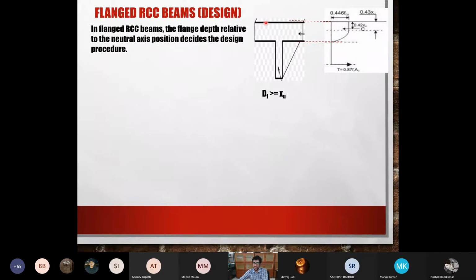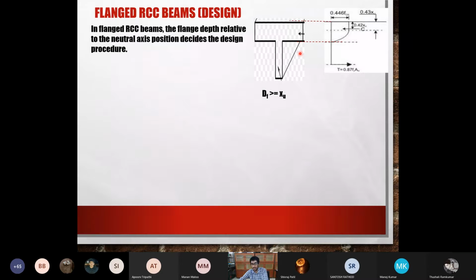One is if we have a very thick slab. Then it is quite possible that the depth of this flange may be greater than the depth of your neutral axis. So this Df is so large that it is going below your neutral axis. For example, say this is my stress block, this is my neutral axis, and I see that the neutral axis is either just below the flange or even more below it.